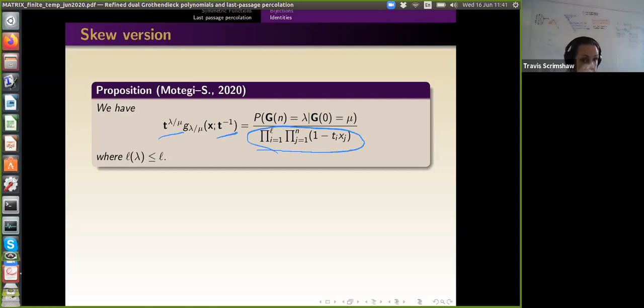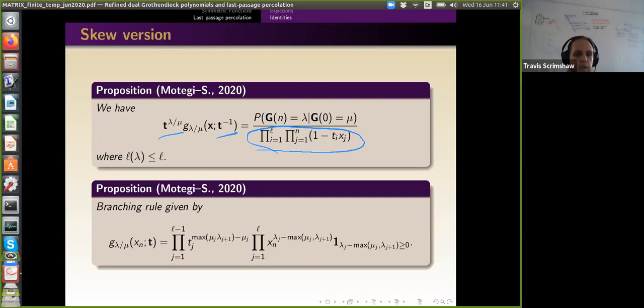And how you can show that is by restricting to the single variable case. You can just look at what happens when you have one variable, which is the same as saying one entry, let's call that n, and seeing if you have a shape lambda, a shape mu sitting inside of it, look at the skew shape, fill all of the entries with n.